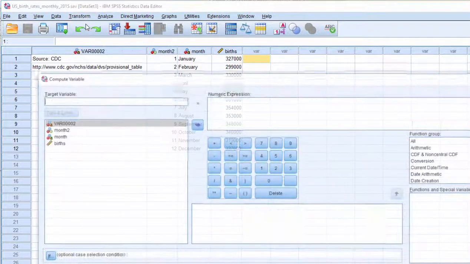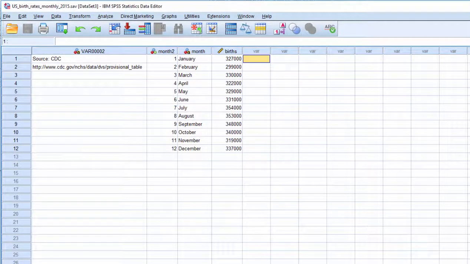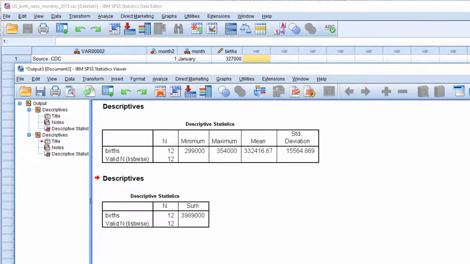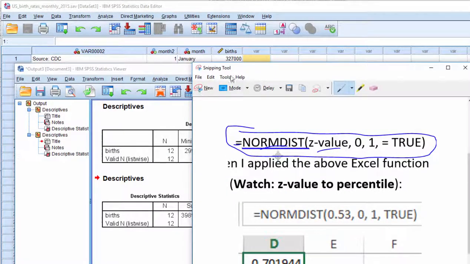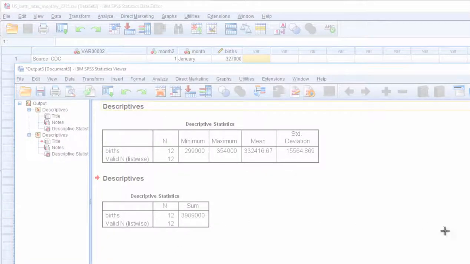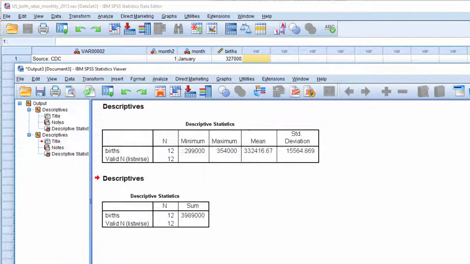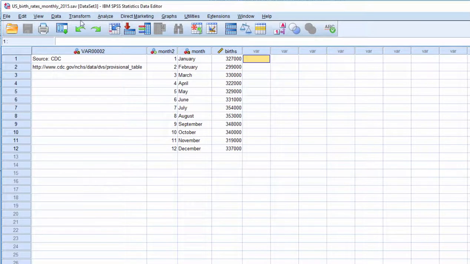So Transform, Compute, actually I should take a snapshot of that value, because I might not remember it.